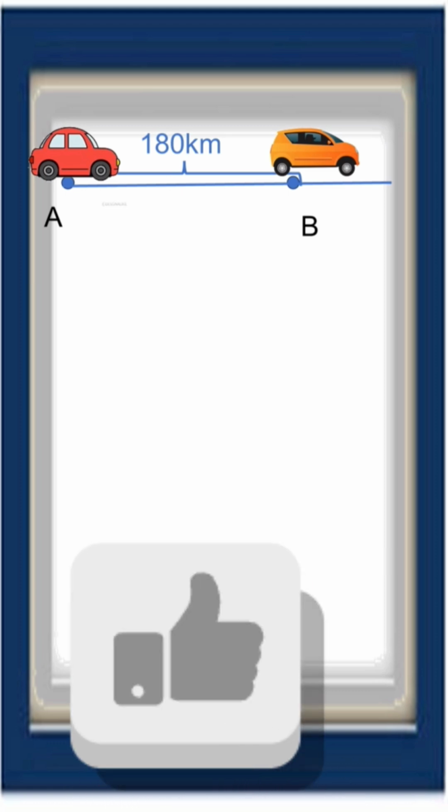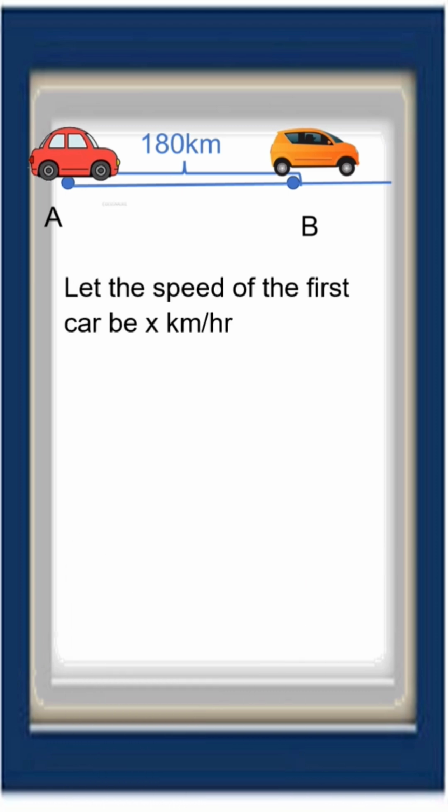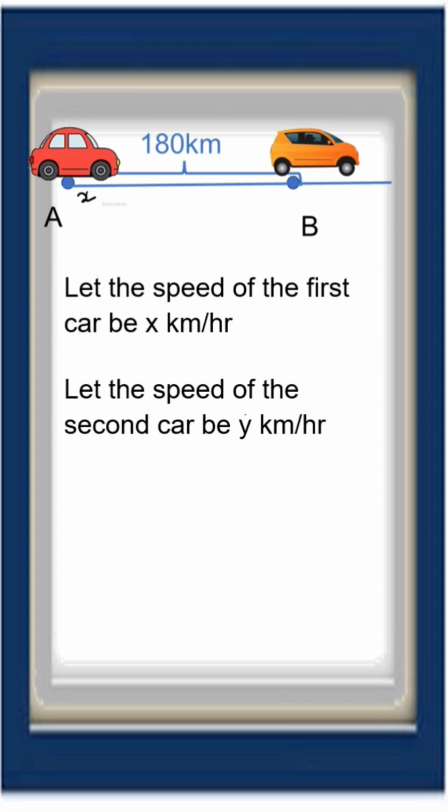Let the speed of the first car be x kilometer per hour and the speed of the second car be y kilometer per hour. Then we can calculate the distance traveled by the cars by using the formula d is equal to speed into time.